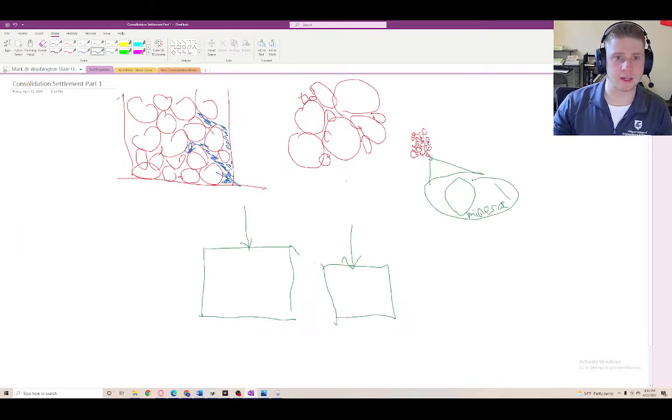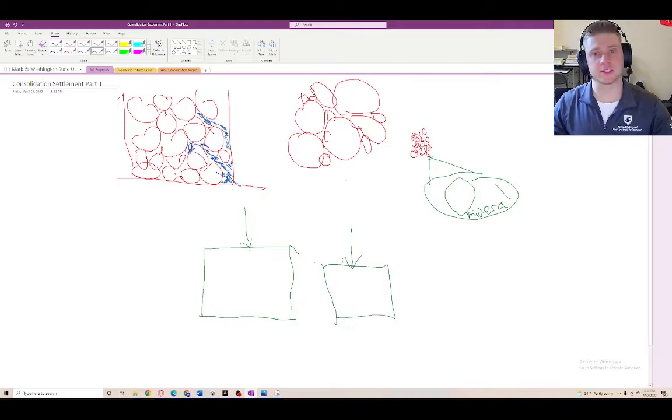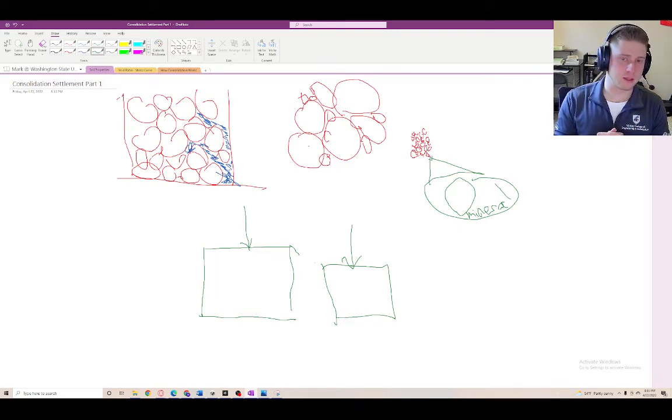So soil in and of itself isn't a homogeneous material. It's a mixture, right? It's composed of these tiny little particles at varying shapes and sizes. So what does that do? Well, you know steel.